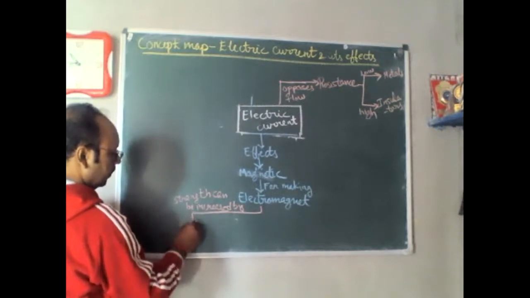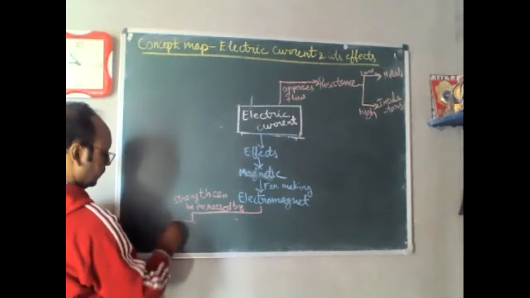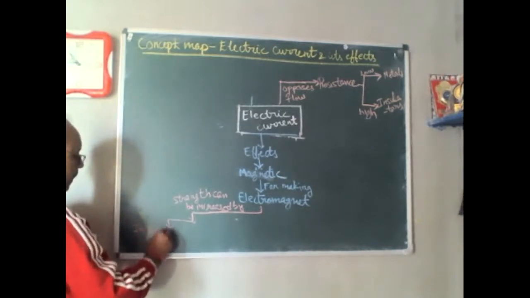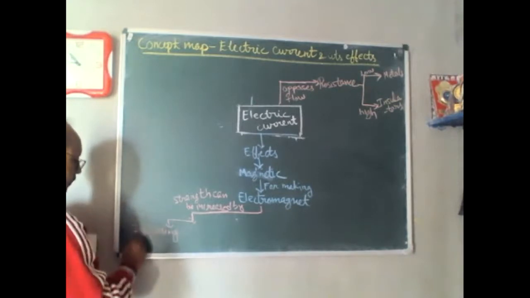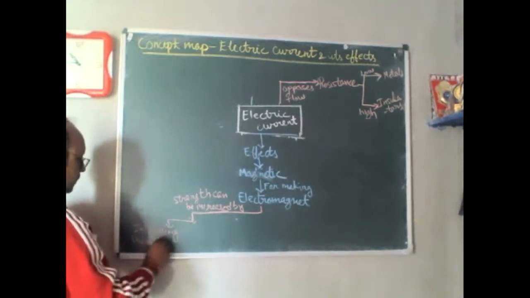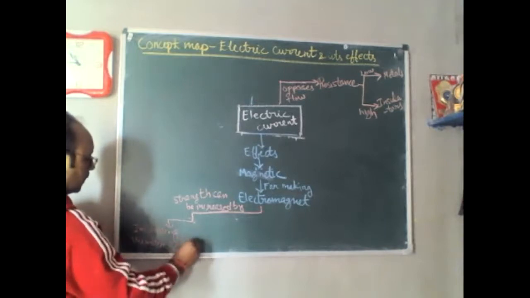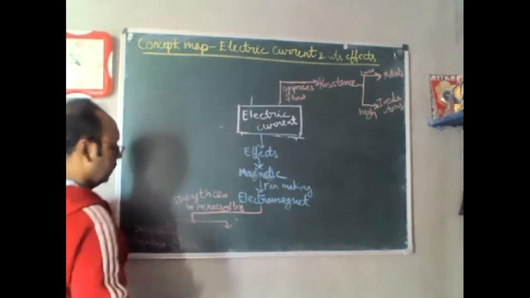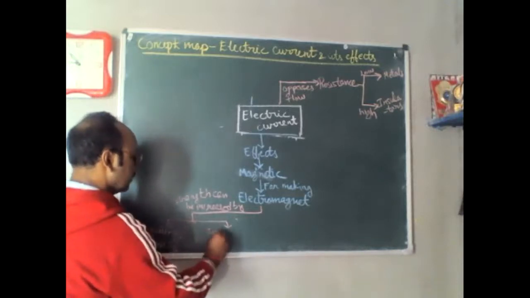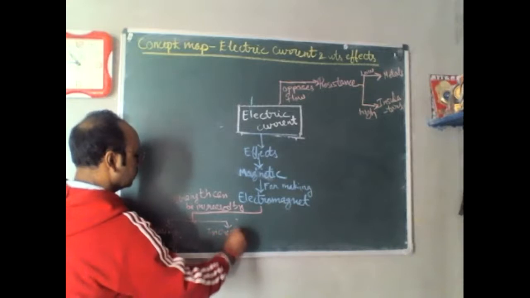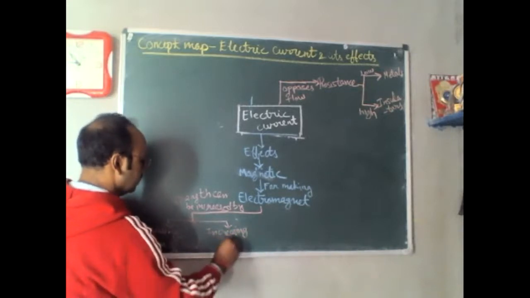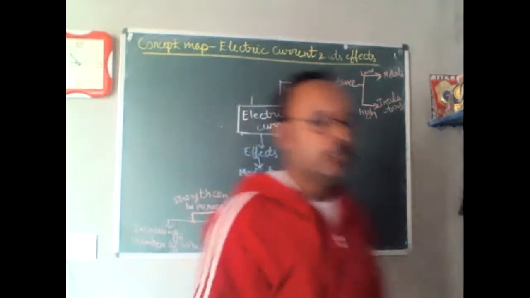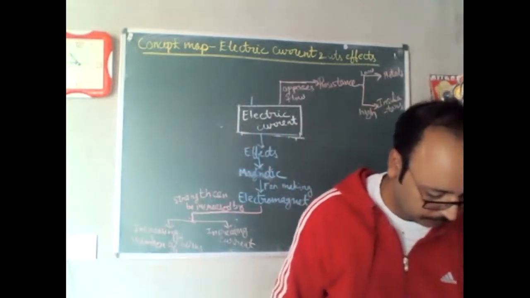If you remember, one was increasing the number of turns. Number of turns means the wire which we wrap around that. And the other is increasing current. So you can increase the magnitude of the electromagnet, we can make it strong.